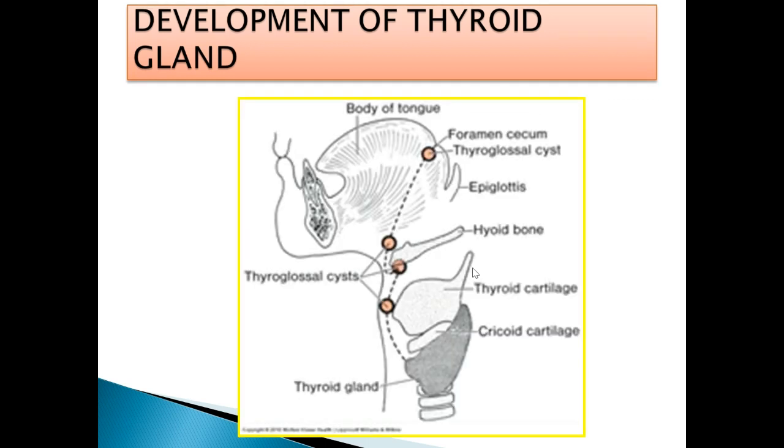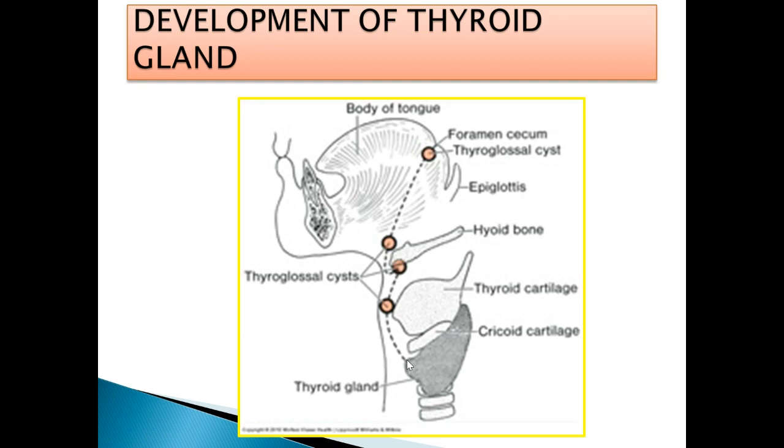This image shows the course of the thyroglossal duct. This thyroglossal duct passes through the substance of the tongue, then in front of the hyoid bone and in front of the thyroid cartilage, then reaches in front of the trachea.